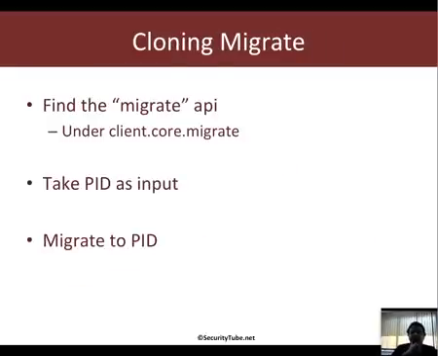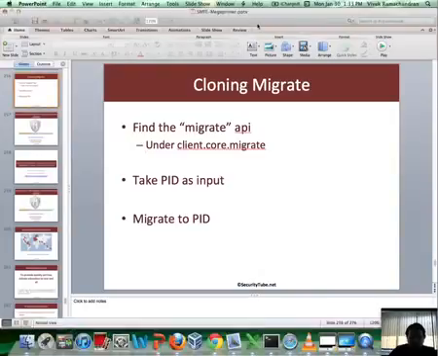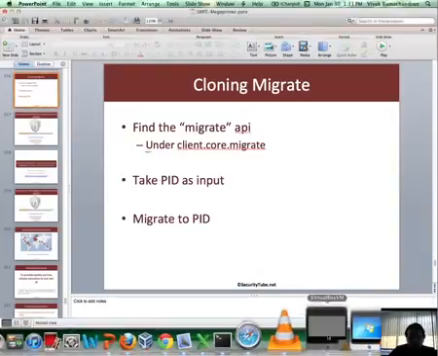Okay, so if I want to create a clone for migrate, the first thing is I need to locate the API which offers me the ability to migrate my Meterpreter session into a new process. So let's go back to our machine.